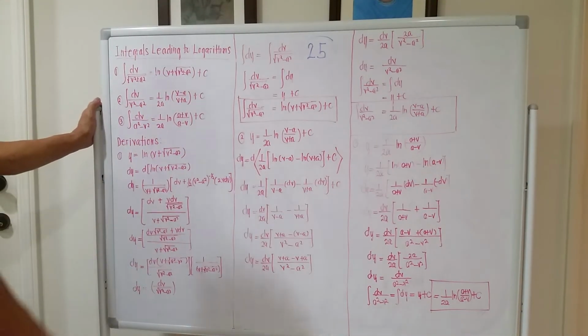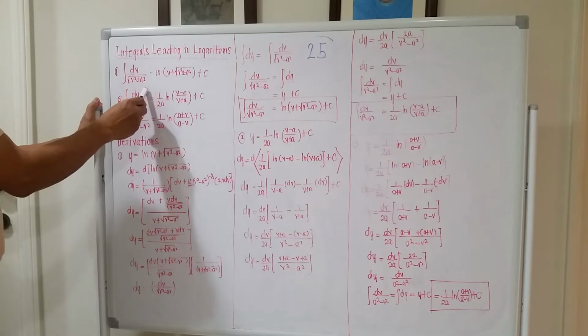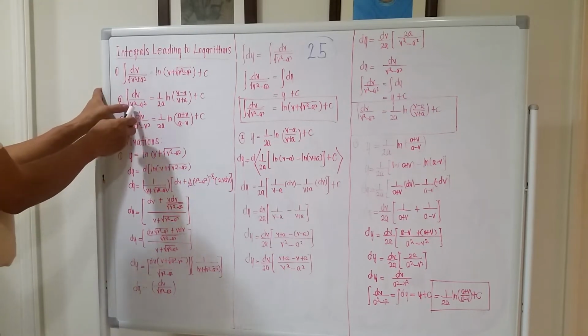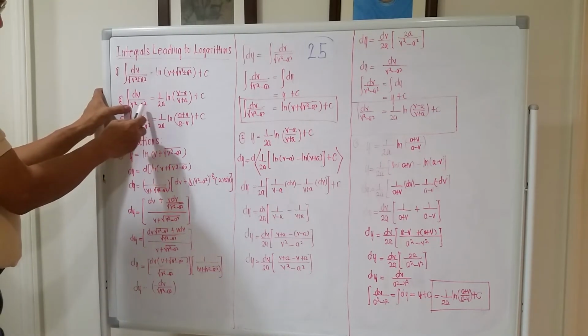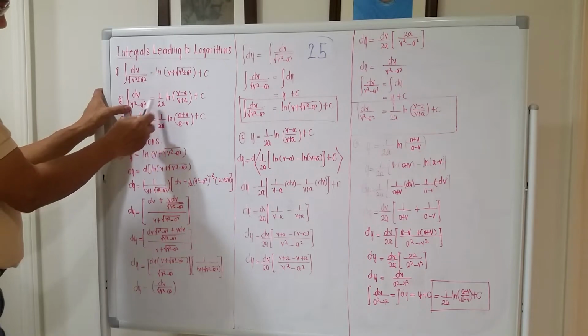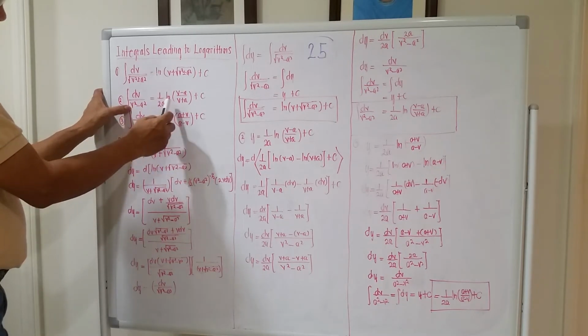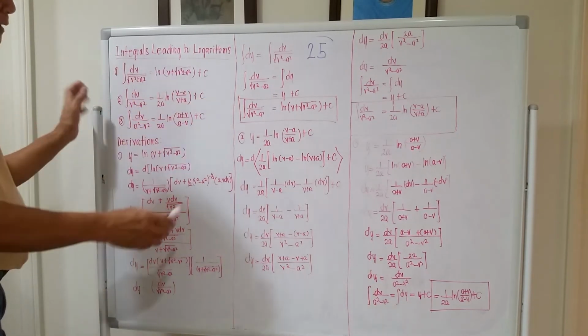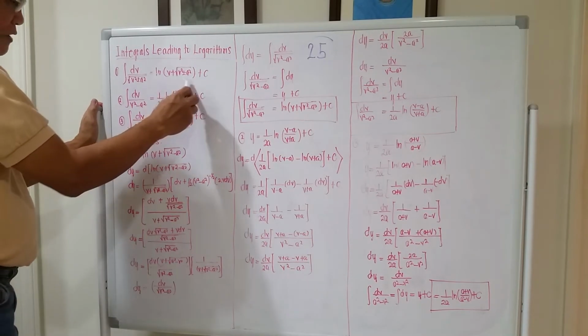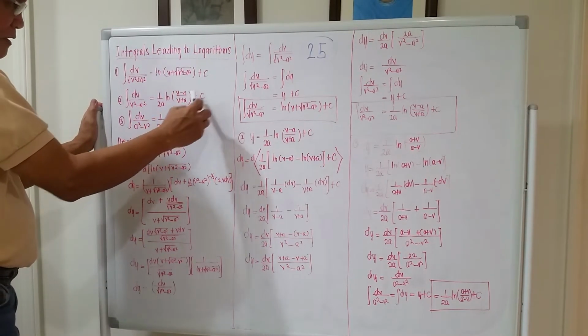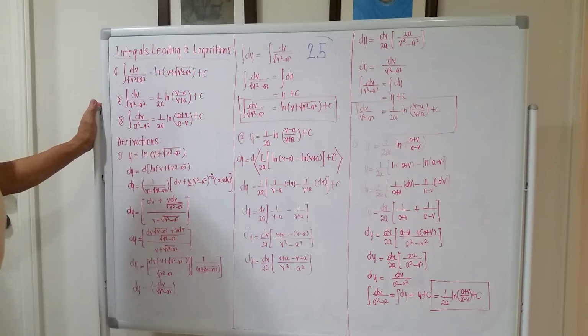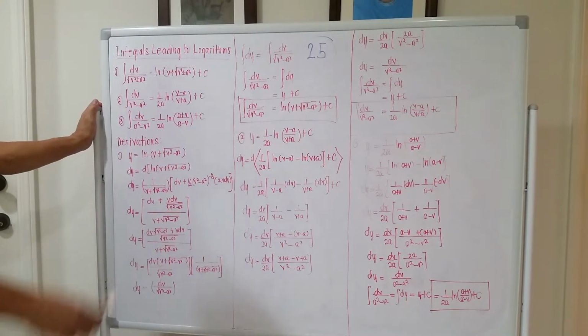Formula number 2, the integral of db over b square minus a square equals 1 over 2a times the natural logarithm of the quantity b minus a over b plus a, plus c. That's formula number 2.